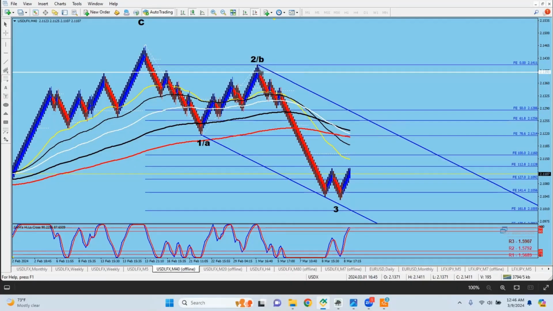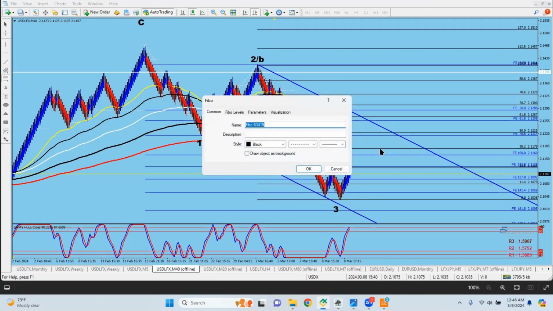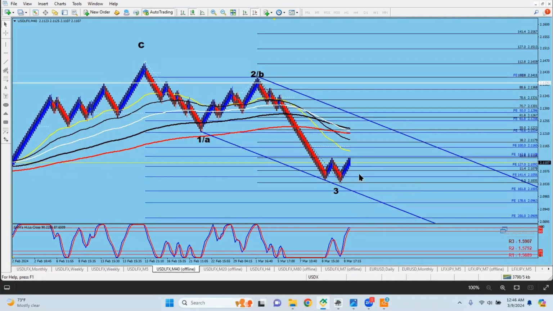Now, fib, like I said, this may go down a little bit more, but based on this, the 38% is right here, right? So if the price goes here to 38%, it may not touch the trendline, right? So what can happen here? Either this is going to go down here and then the channel will become a little bit steeper. For example, if we go to 161% here, then this would be like this, right?